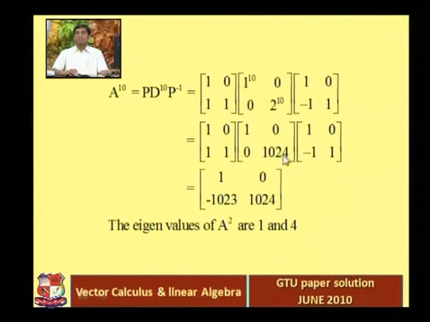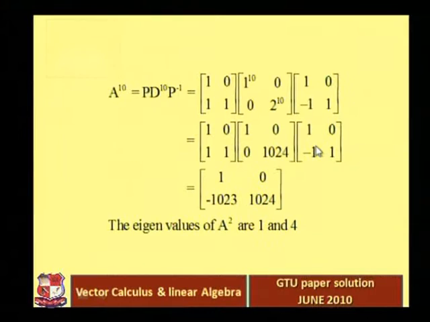So multiply these three matrices. It's quite easy, right? So multiply these three matrices: 1 0 1 1, then 1 0 0 1024, then 1 0 minus 1 1. Okay, let's try to check the multiplication of these three matrices.